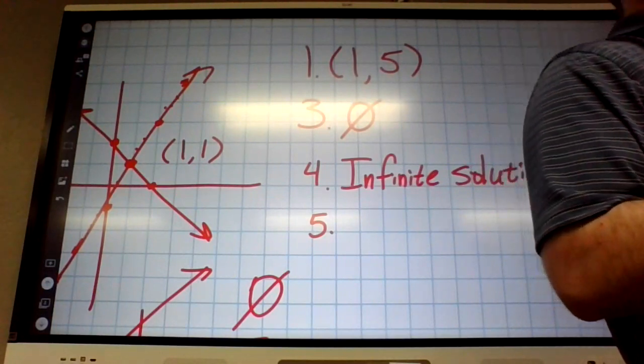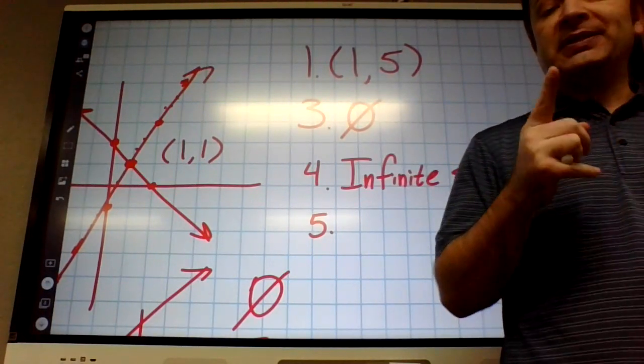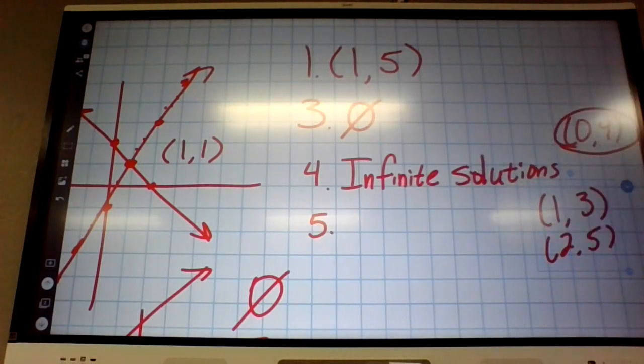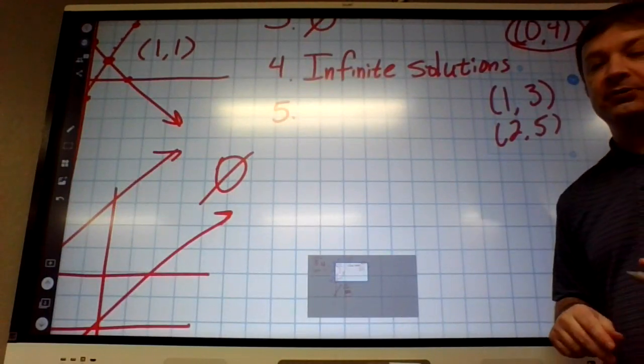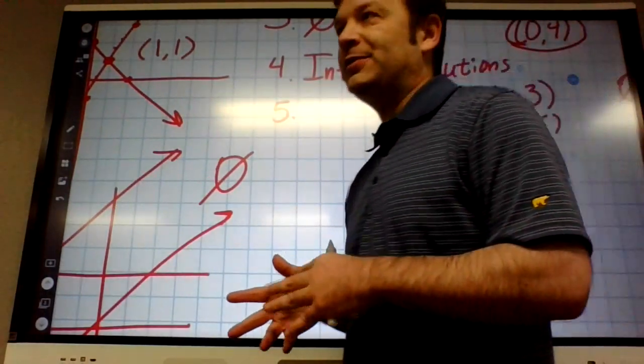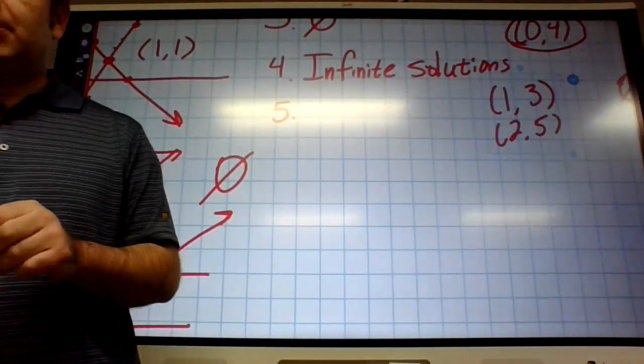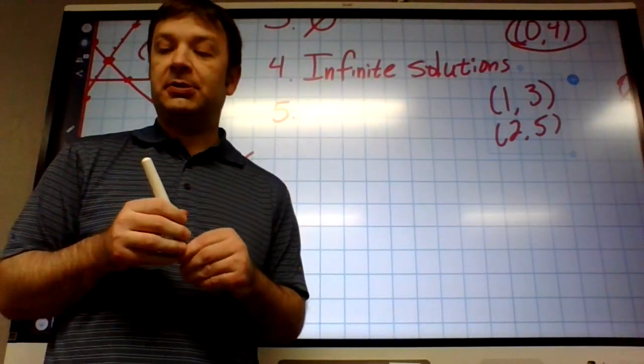So this is a yes or no question. Does it have to work in just one of them, or does it have to work in both of them? Both of them. So we have to make sure, if it's a yes in both, then the answer is yes. If it fails in at least one of them, then it's going to be no. It's not a common solution.